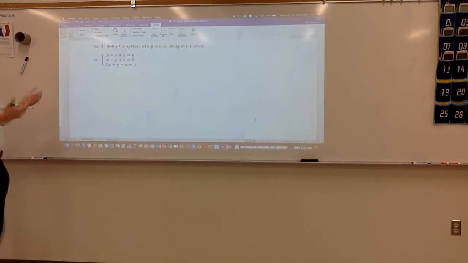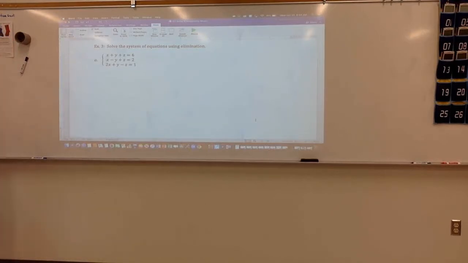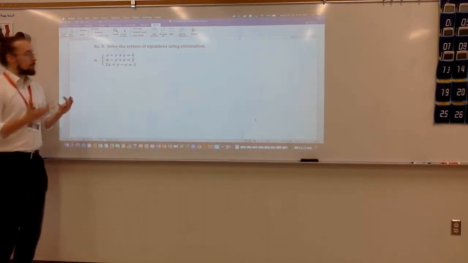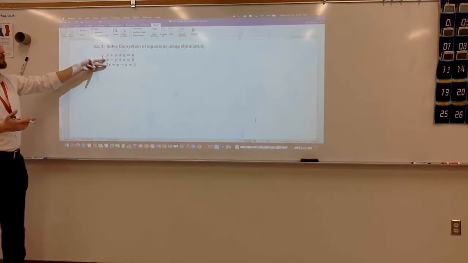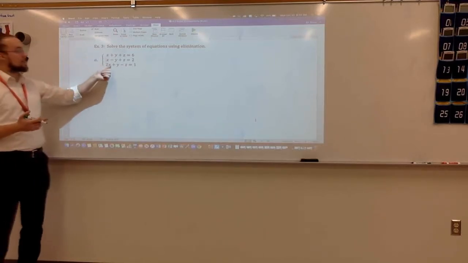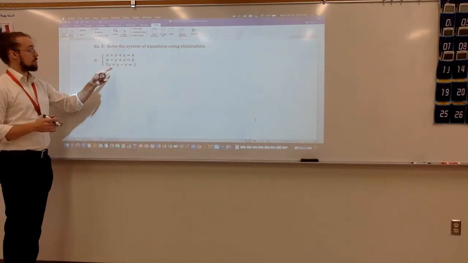Okay, so if I look at these 3 equations and I think about adding some of them together, we can only add 2 together at a time. But if I look at the second and the third equations, if I were to add these together, y's would cancel and the z's would cancel, right?